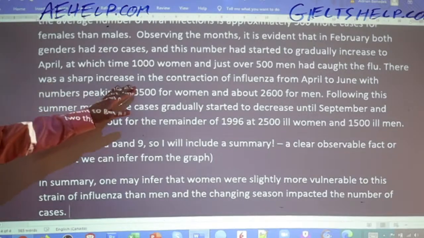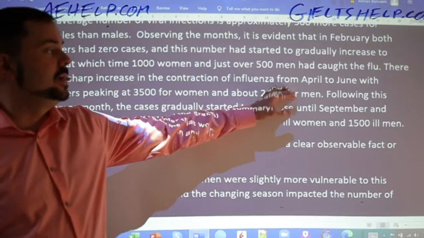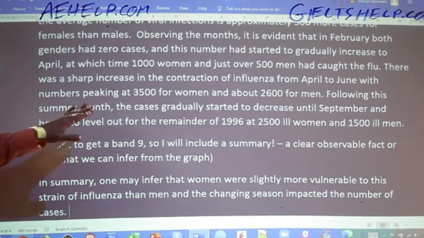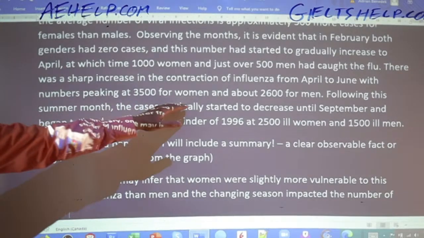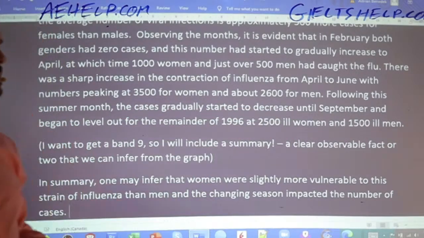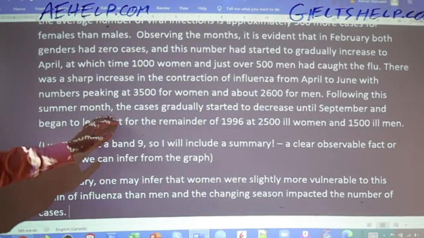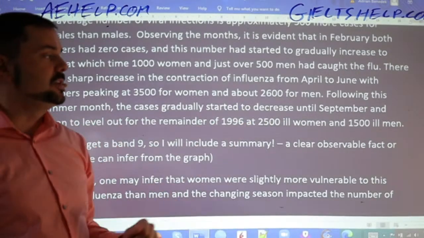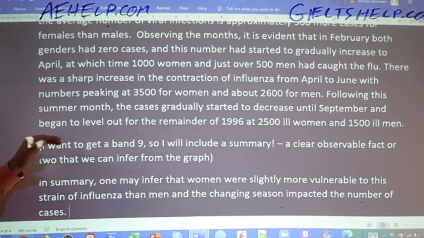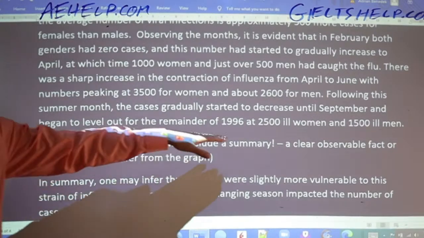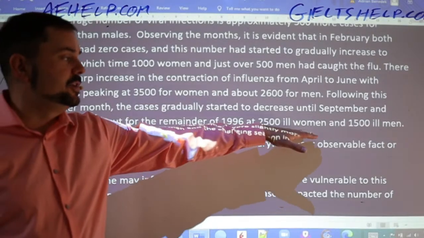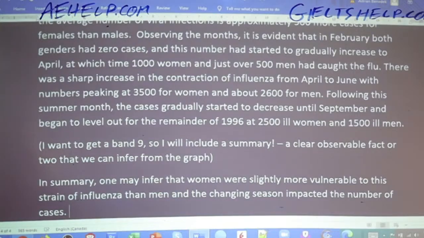There was a sharp increase in the contraction of influenza from April to June, with numbers peaking at 3,500 for women and about 2,600 for men. Following this summer month, the cases gradually started to decrease until September and began to level out for the remainder of 96 at 2,500 ill women and 1,500 ill men.